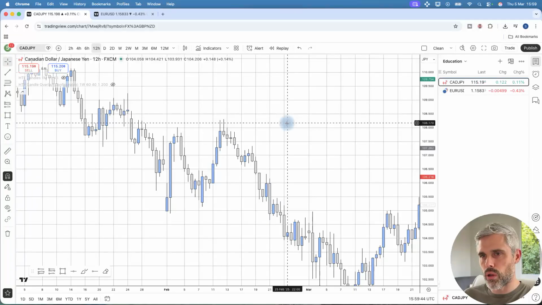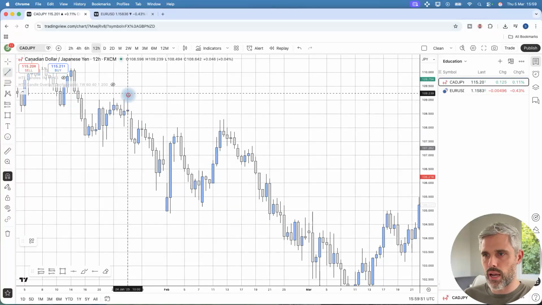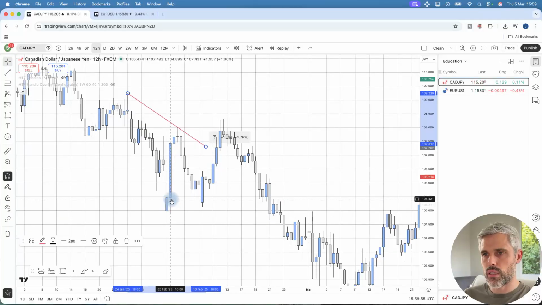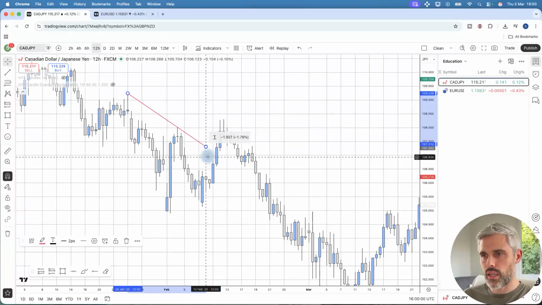So how would we plot a trend line on this chart? Let's imagine that we hadn't seen this expansion. So we have 2 swing points right here. So we're looking for price to retrace again and test this trend line, which clearly it does, but it just breaks through.